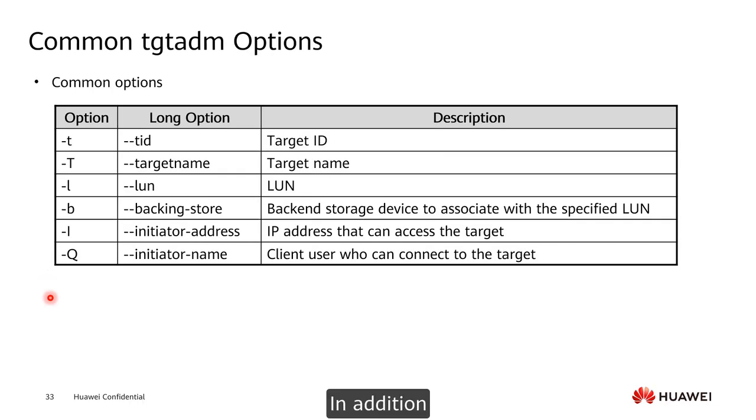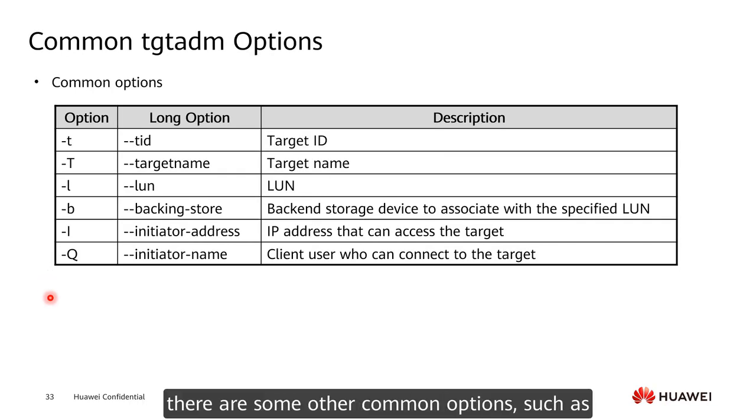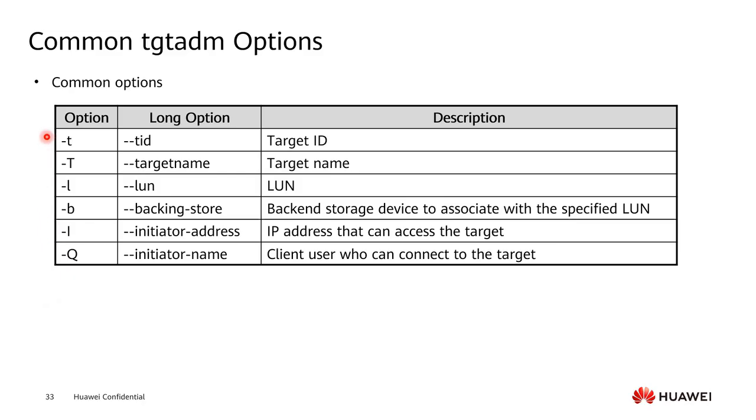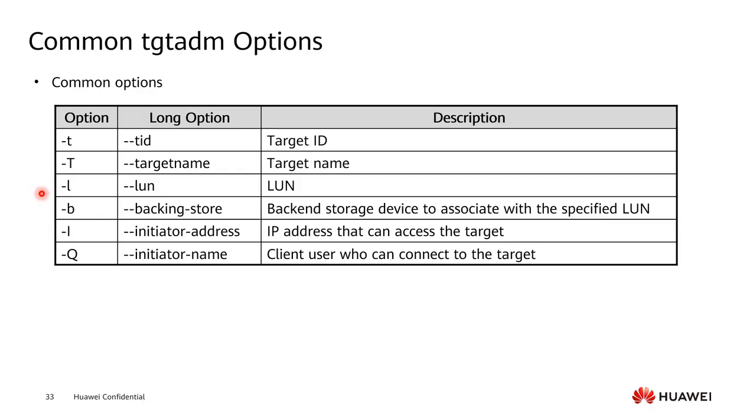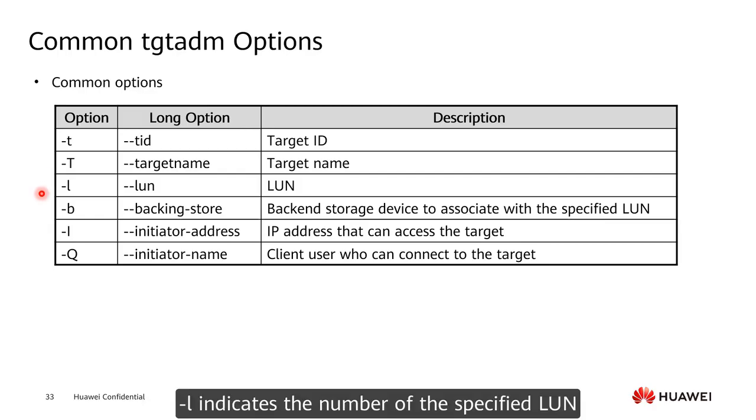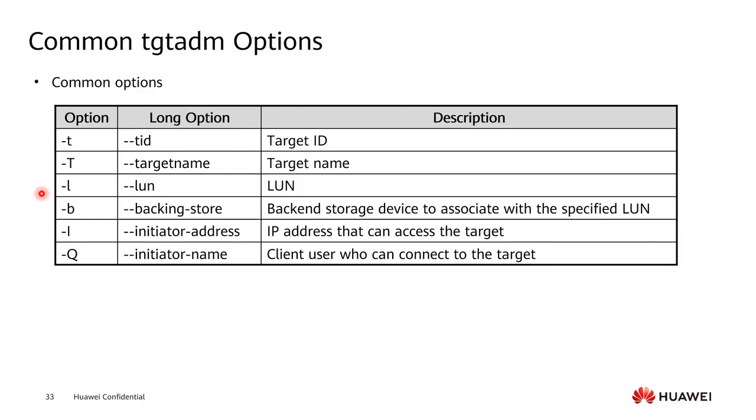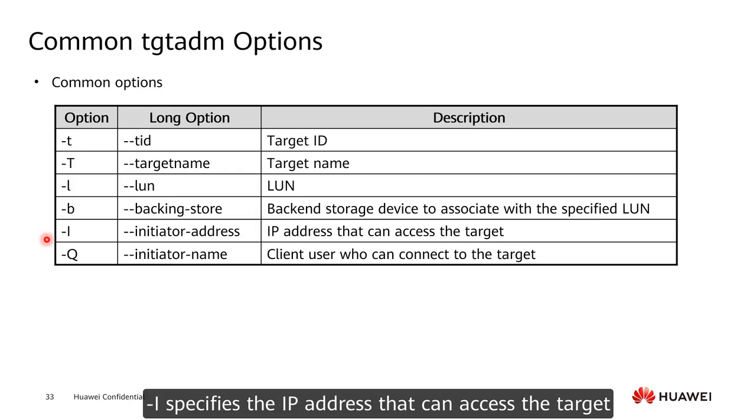In addition, there are some other common options, such as -t, which indicates the ID of the specified target. -T specifies the name of the target. -l indicates the number of the specified LUN, and -I specifies the IP address that can access the target.